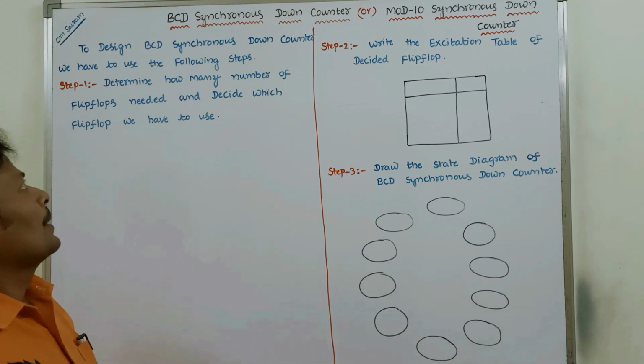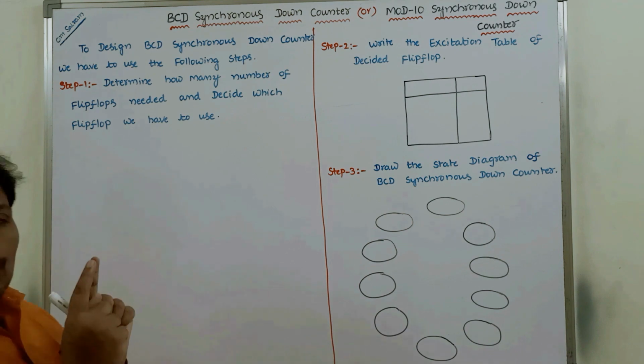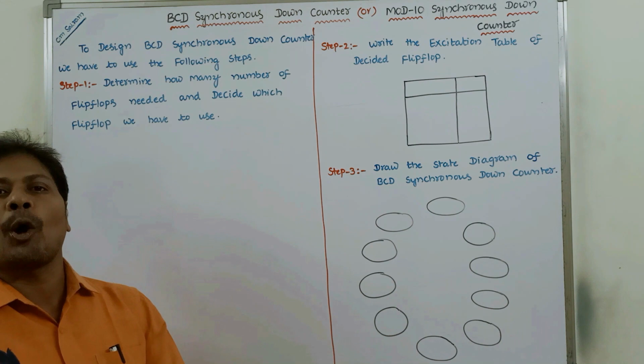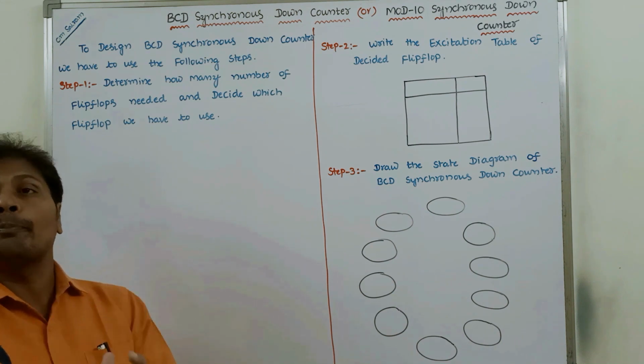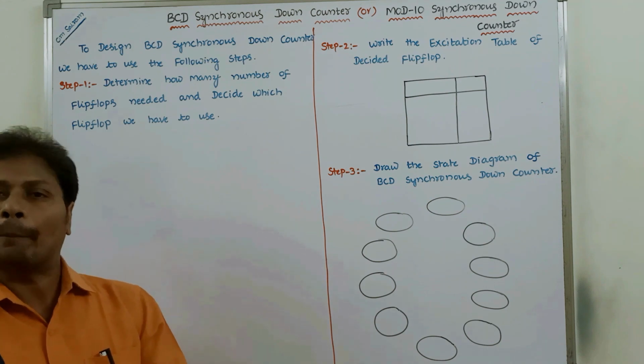We know that in BCD, every digit can be represented by using 4 bits. To store 1 bit, we require only 1 flip-flop. To store 4 bits in BCD, we have to use 4 flip-flops.